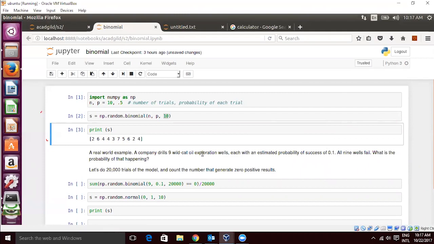Simple. Assume that we have 20,000 trials, 20,000 samples of the model, and we have to get the probability of zero positive results.